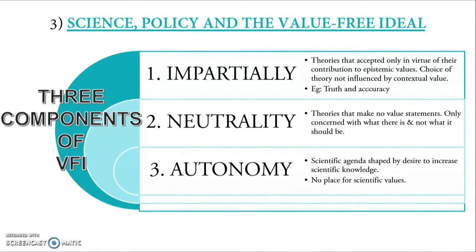Second, neutrality: theories that make no value statements, only concerned with what there is and not what it should be. Third, autonomy: the scientific agenda is shaped by the desire to increase scientific knowledge. There is no place for scientific values.